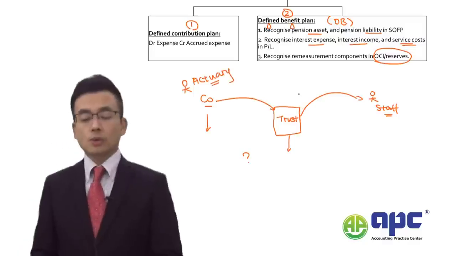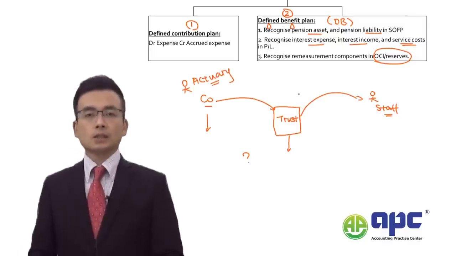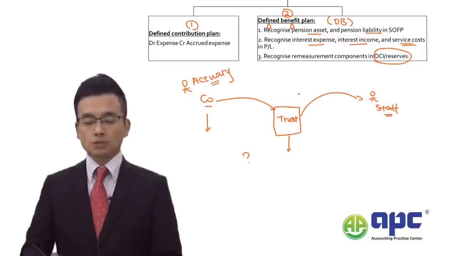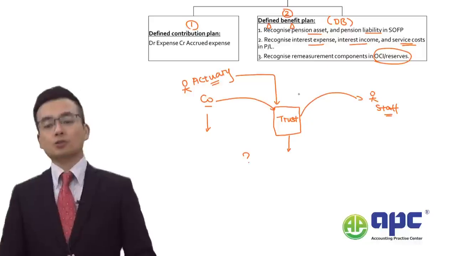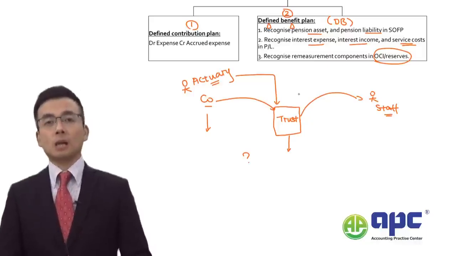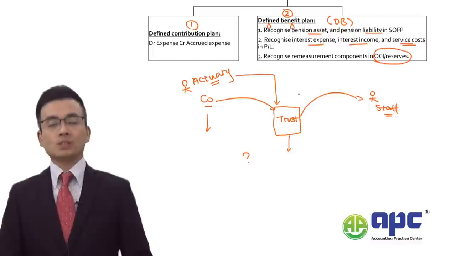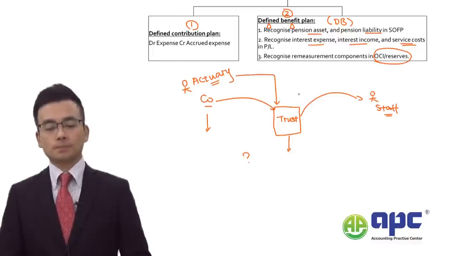So the actuary will calculate the asset value and the liability value from the trust company's perspective, and therefore it becomes the actual pension asset as well as the pension liability amount in our company's statement of financial position.